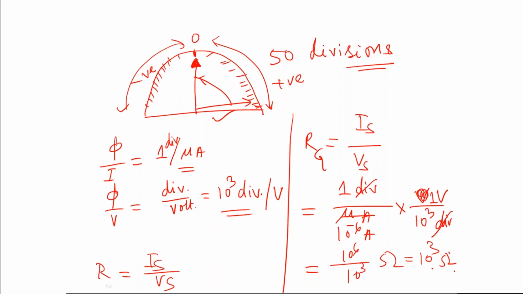Instead of writing microampere, I am writing in terms of ampere. The numerator is 10 to the 6 and the denominator is 10 to the 3, so finally you get 1000 ohm. This is how this question goes.